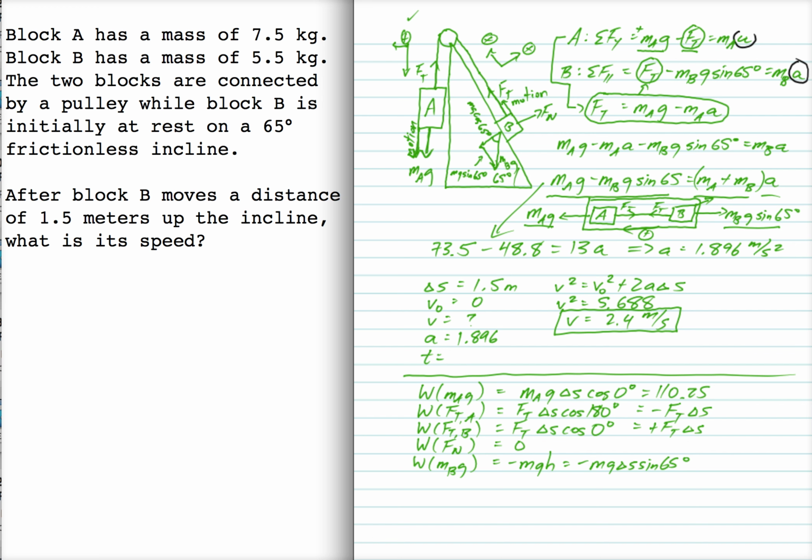Right, because if we have a triangle where this is delta S going up the ramp, and that angle is 65 degrees, then the height, h, through which it goes is going to be delta S sine 65. Okay, and that's minus 73.3.